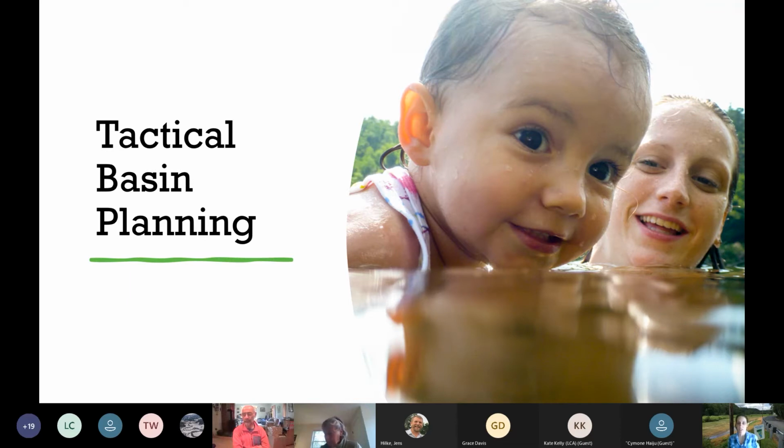Water is an integral part of our lives, and the goal of tactical basin planning is to protect and restore our surface waters, our rivers, wetlands, lakes, and ponds. This is a shared goal within our agency, which includes the Department of Environmental Conservation, Forest Parks and Recreation, and Fish and Wildlife.